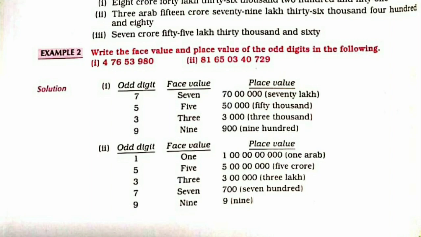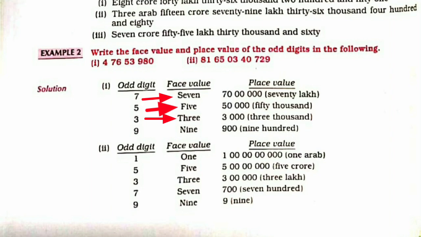In this question he is saying to find the place value and face value of odd digits. As you can see, the odd digits are written here, and I already explained that the face value is the same digit. So 7 is there, that's why the face value will be 7. 5 is there, so the face value will be 5. 3 is there, so the face value will be 3. Like this we will write.